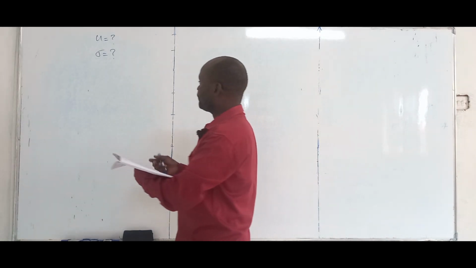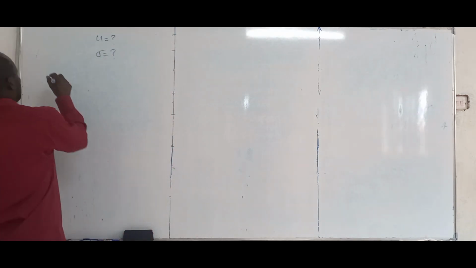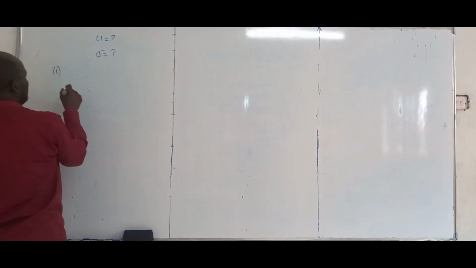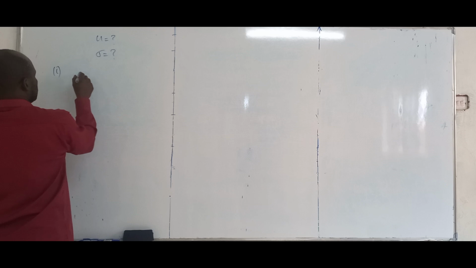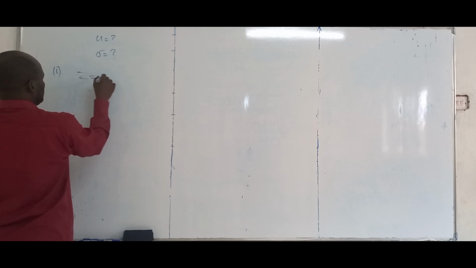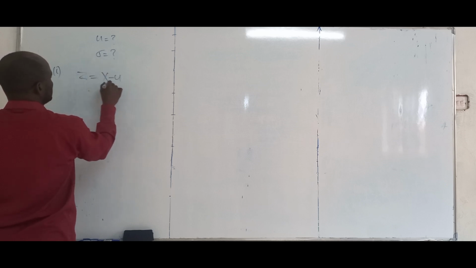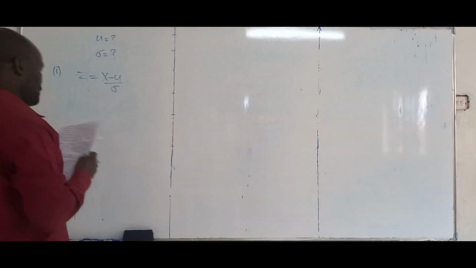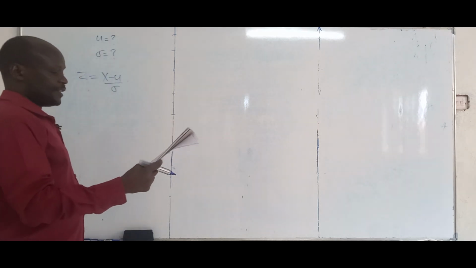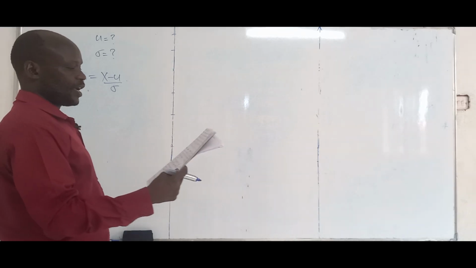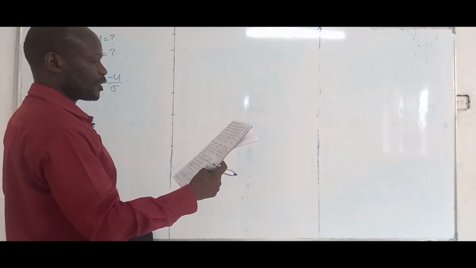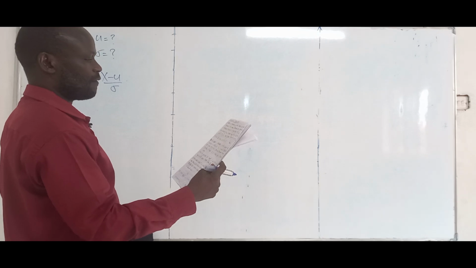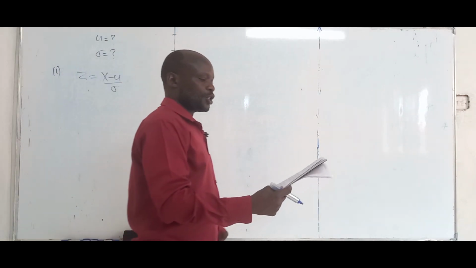So for part 1, the first thing we remember is that z is equal to x minus the mean over the standard deviation. We are told that 25% of these women have fingers longer than 8.8.